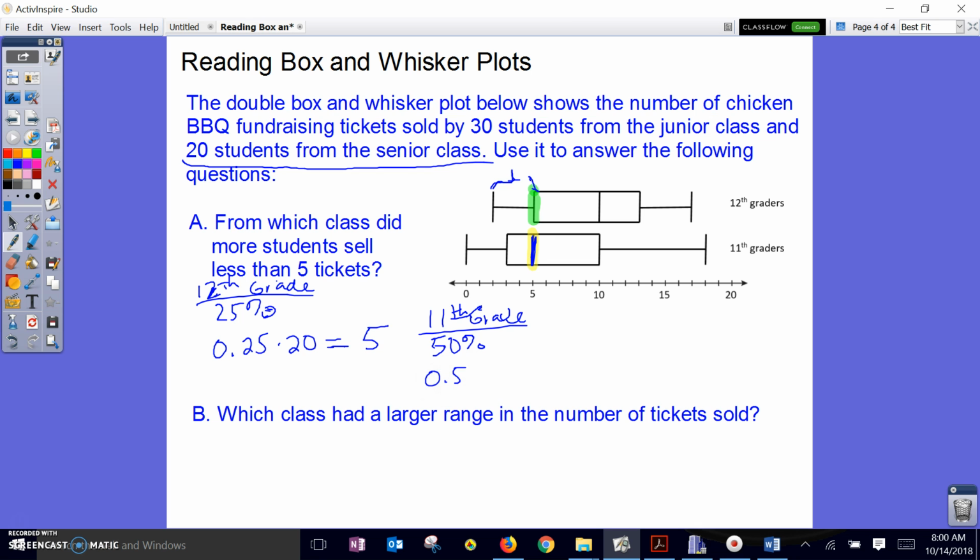So we're going to take 0.5 times the 30 students in the class, and there are 15 11th graders who sold less than 5 tickets. So let's answer our question here. From which class did more students sell less than 5 tickets? Well, there were 5 12th graders, there were 15 11th graders, and so the answer to this question is 11th grade.